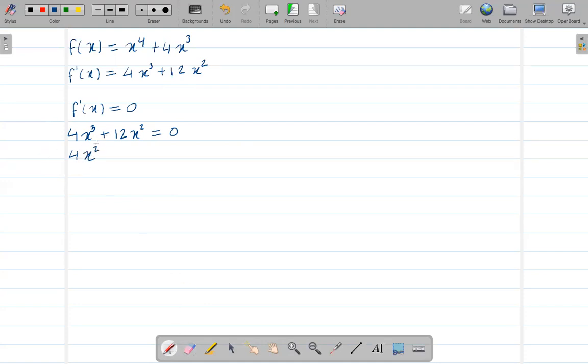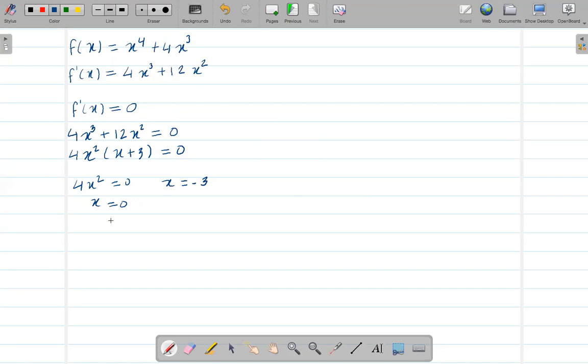The remaining terms are x plus 3. So from here, I can assume either 4x squared equals 0, which gives x equals 0, or x plus 3 equals 0, which gives x equals -3. All right, so I get 2 points.